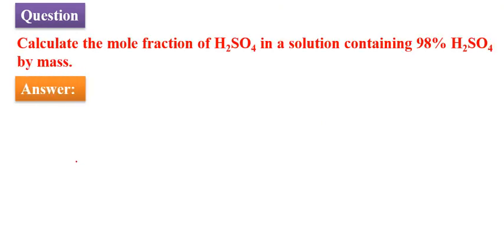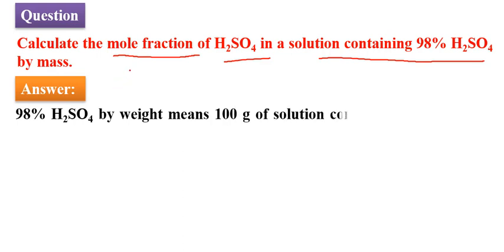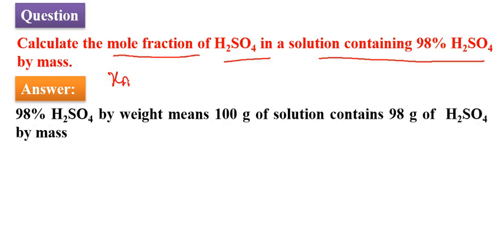You can solve some questions, then you will get more clarity. Calculate the mole fraction of H2SO4 in a solution containing 98% H2SO4 by mass. Okay, mole fraction you have to calculate, that means X_A.